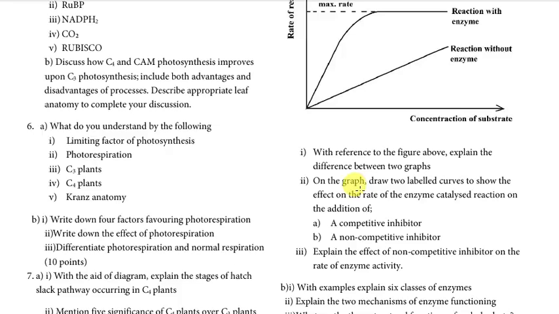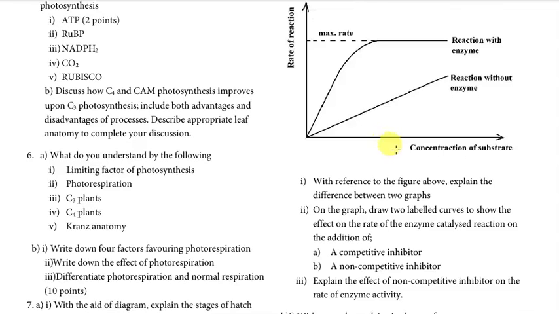Remember, a competitive inhibitor works with the concentration. As the concentration of substrate increases, the competitive inhibitor cannot work. Whereas as the concentration of substrate increases, what does the non-competitive inhibitor do?